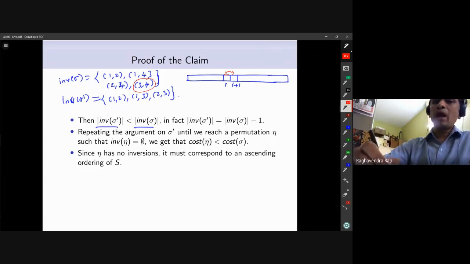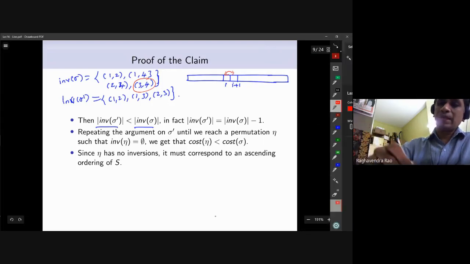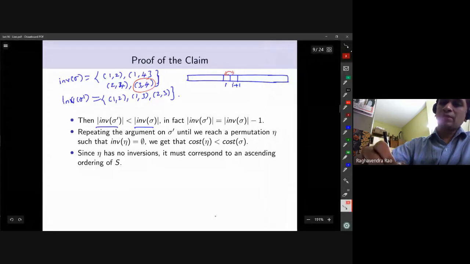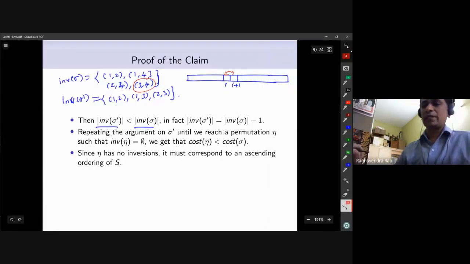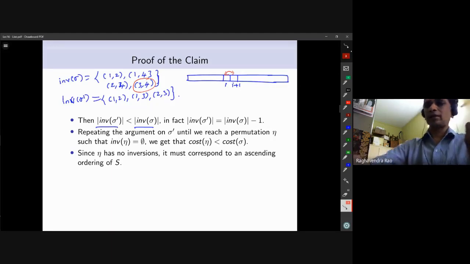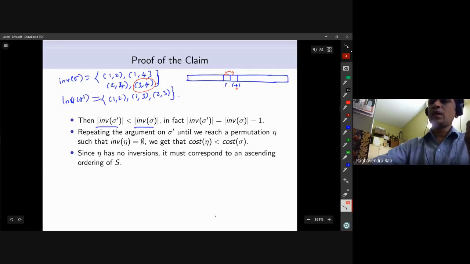So if you remove i, i plus 1, there is a bijection, a 1-to-1 correspondence, between the inversions of sigma and the inversions of sigma prime, with suitable relabeling of the indices. The relabeling happens only when one of the indices is i or i plus 1: i is replaced with i plus 1, and i plus 1 is replaced with i.